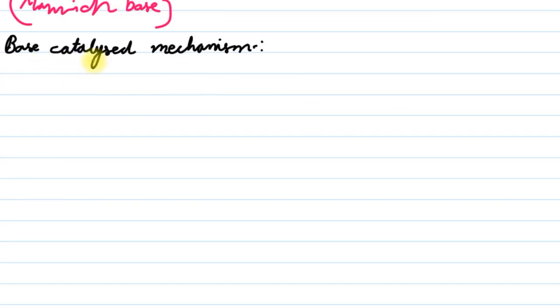In the base catalyzed Mannich reaction mechanism, first we will take a ketone, that is RCOCH3, an alkyl group CO CH3.